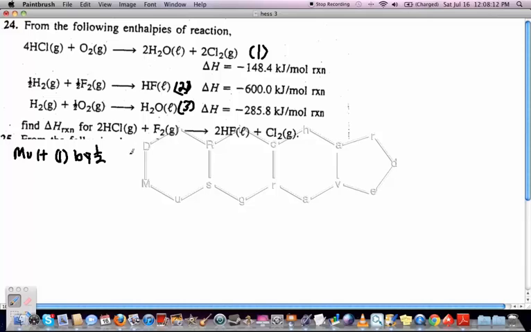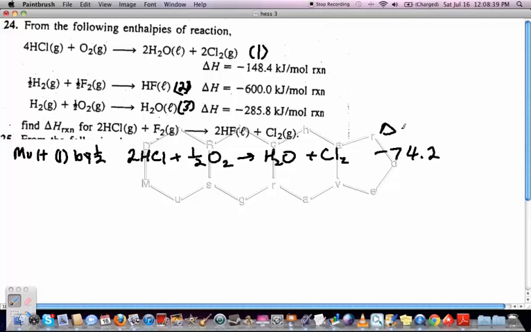And that's going to be 2 HCl plus 1/2 O2 gives H2O plus Cl2. And because I'm dividing by 2, I'm going to make this negative 74.2 on the delta H. Delta H here, units kilojoules per mole.